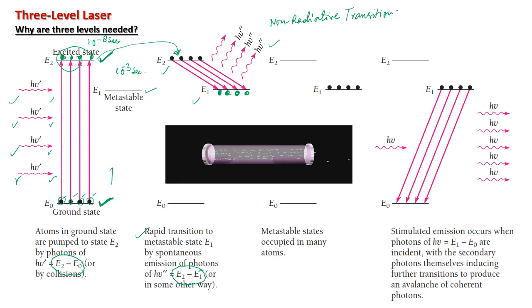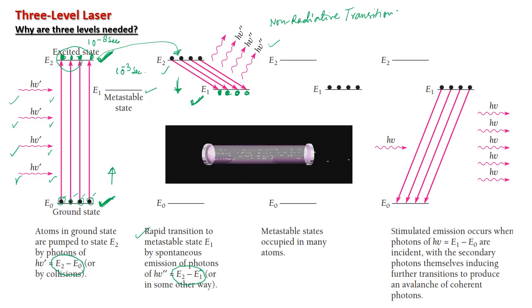So now you have stimulated absorption, then spontaneous emission. The atoms which were in the ground state earlier go to the excited state through stimulated absorption, and through spontaneous emission they come back to the metastable state.